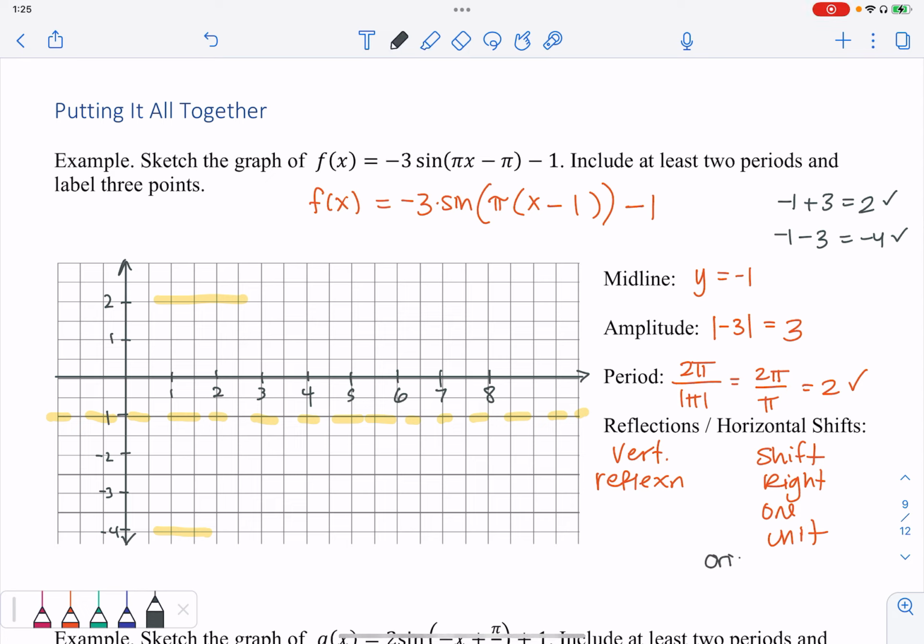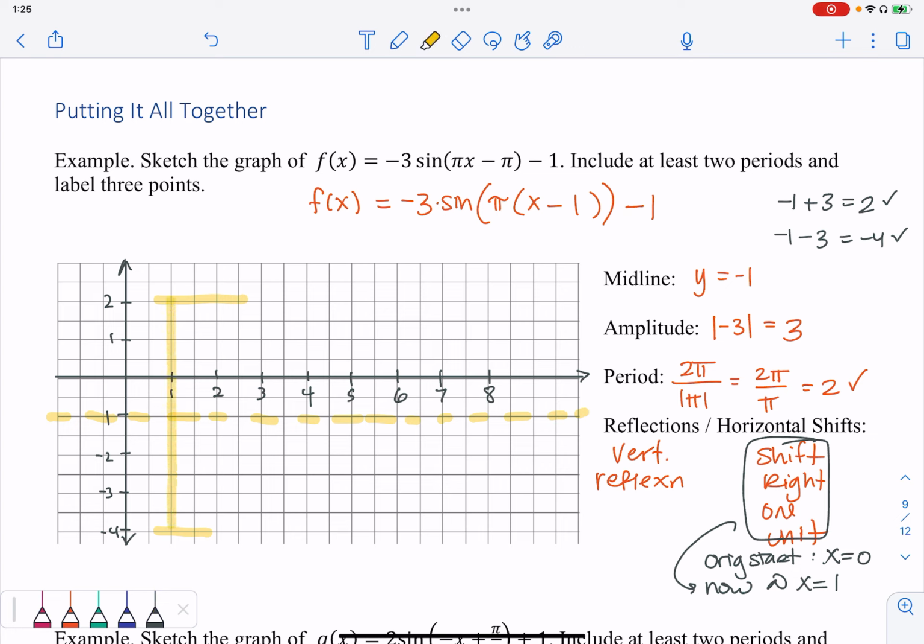So my original start, we can start anywhere, right? The domain is all real numbers, but we normally start at thinking about drawing it at x equals 0. So original start at x equals 0. Now, because of the shift right 1 unit, I'm going to start at x equals 1. So draw my box starting at x equals 1.